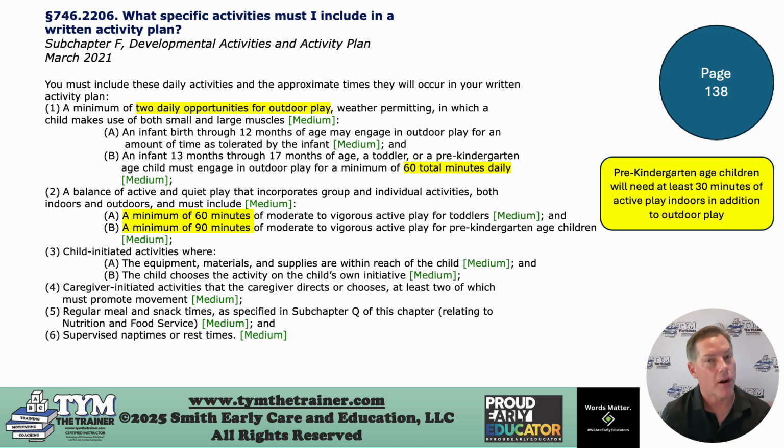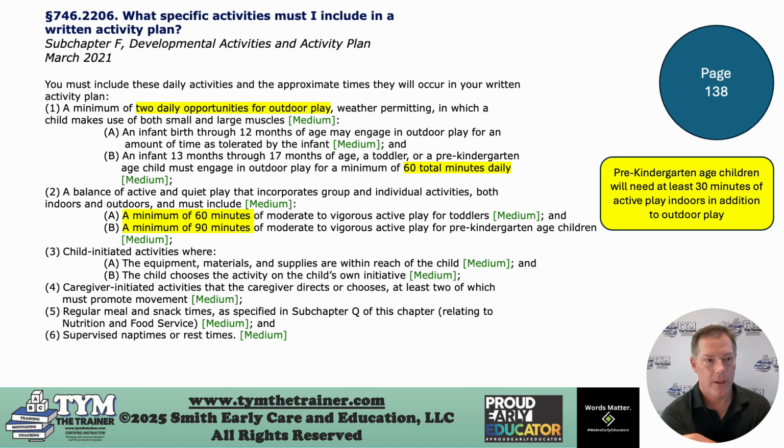If you're a part-time program, so if you're not open full day, this time can be prorated, and it is listed in the standards. I'm going to refer you to your local licensing inspector to help figure out what that prorated amount is.